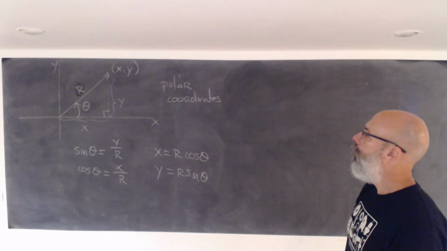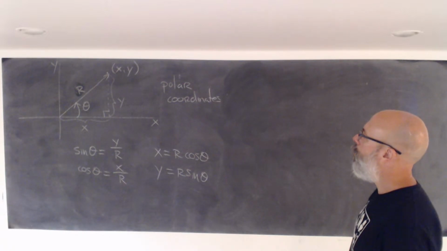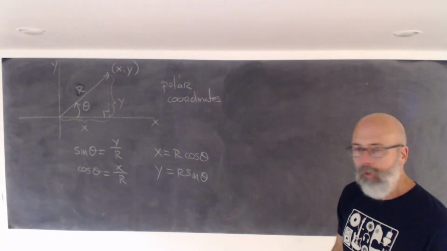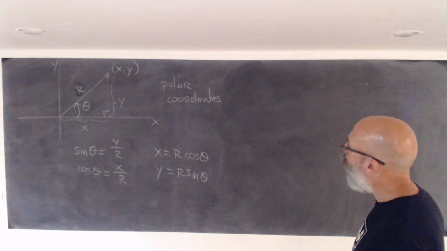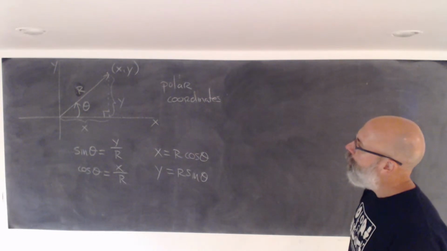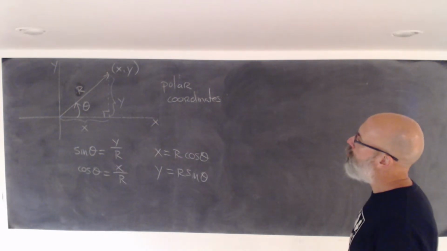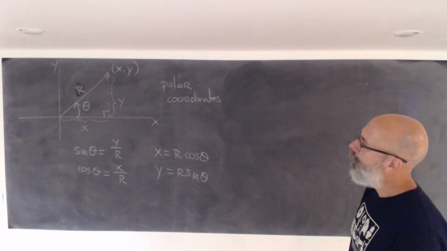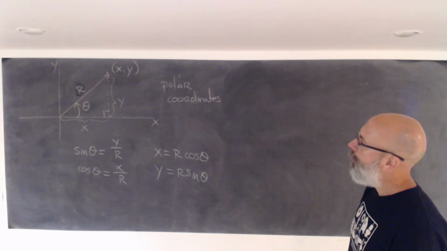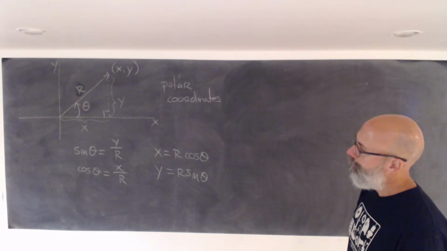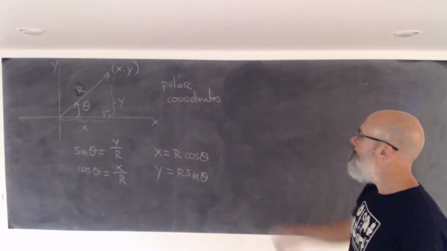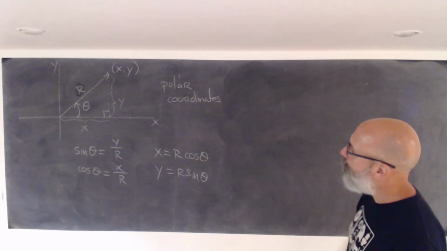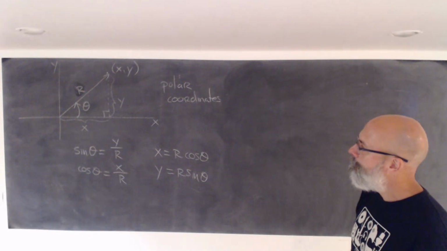Well, the obvious question arises, when is this useful? Why is it useful? Well, we will soon see that complicated functions or curves may have a simple representation in terms of polar coordinates.